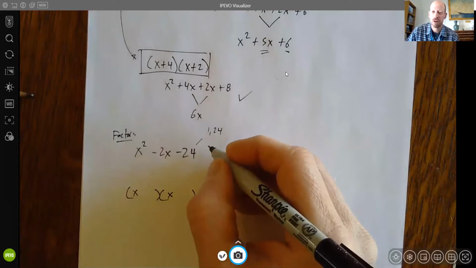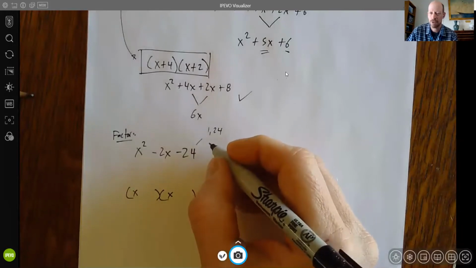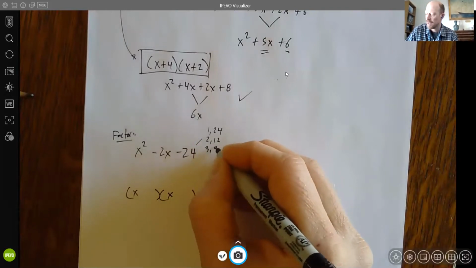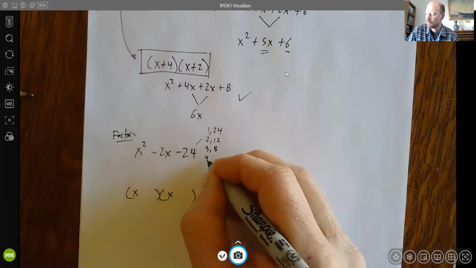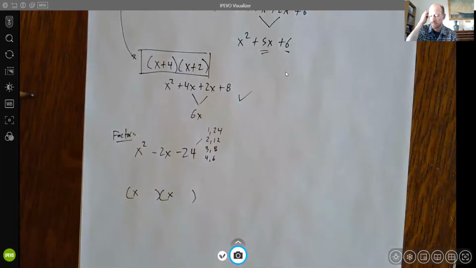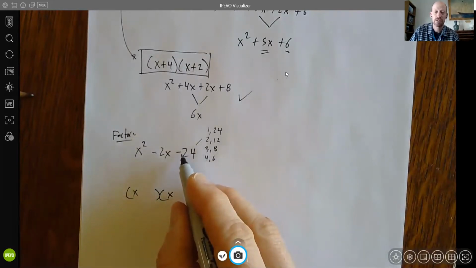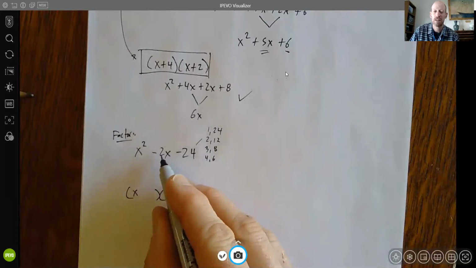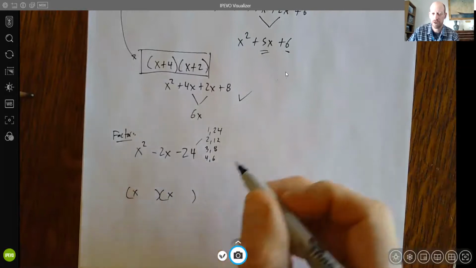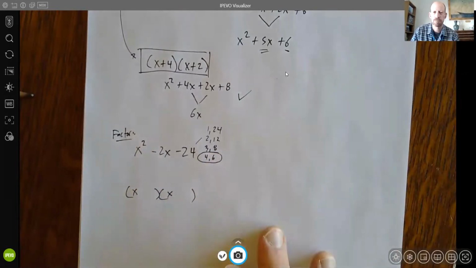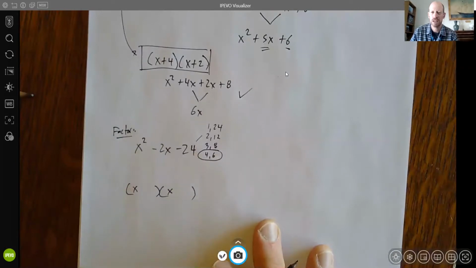See, 24 is a harder number because there are a lot more options: 2 and 12, 3 and 8, 4 and 6. Remember, if one is positive and one is negative and they add up to minus 2, you should be able to think about which of those pairs is going to work.